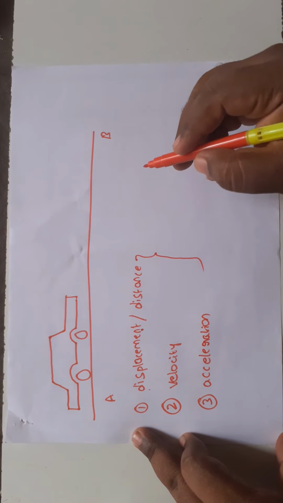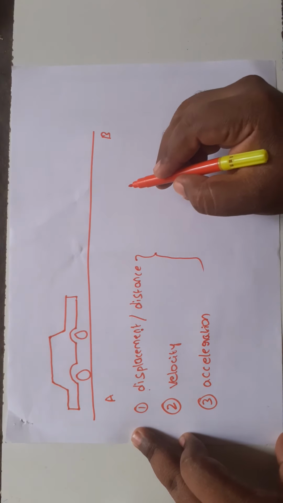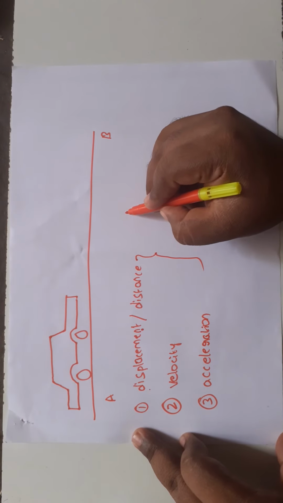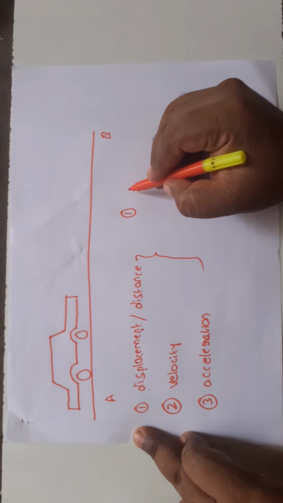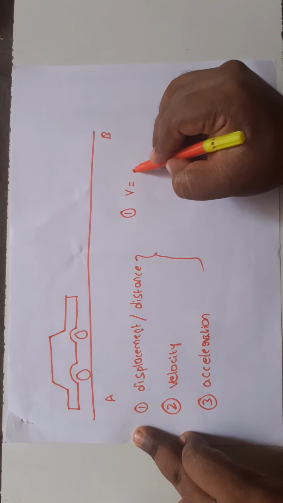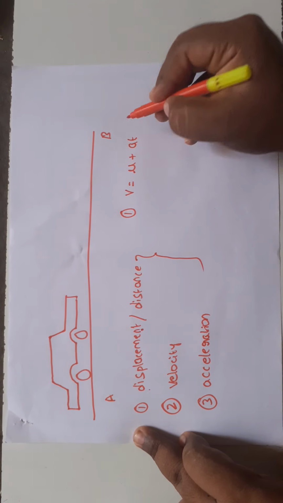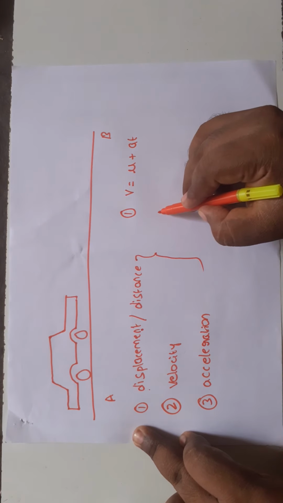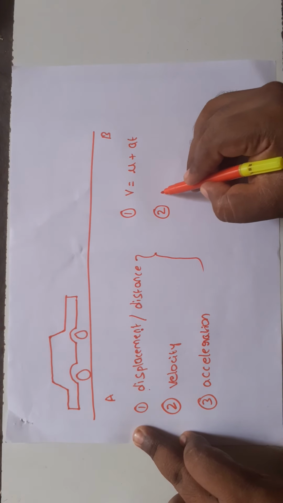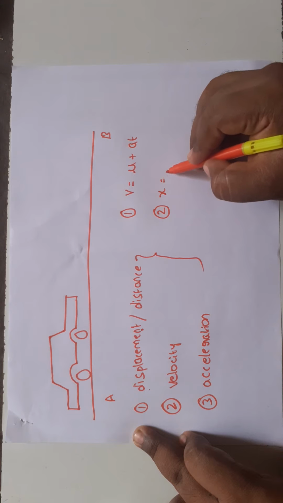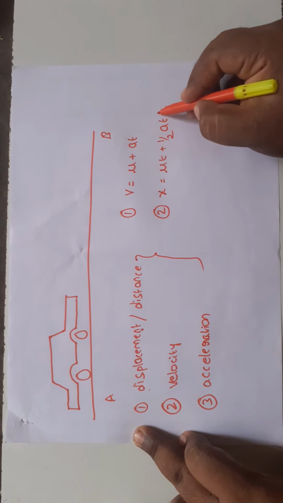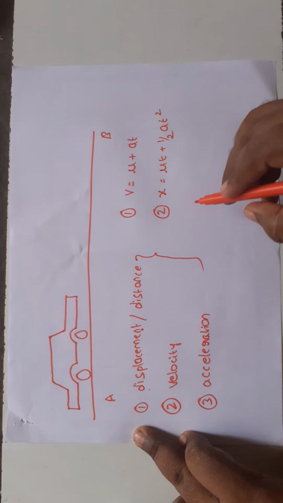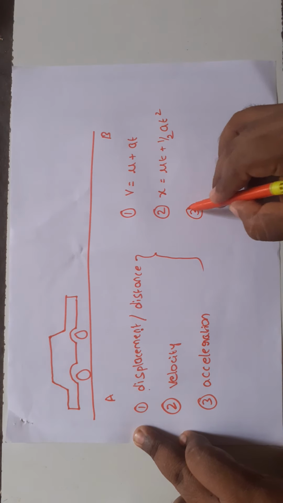You already learned some equations of motion in 9th class. What are those equations? First of all, v equal to u plus at, that is one of the equations. Next, x equal to ut plus 1/2 at square, that is the second equation.